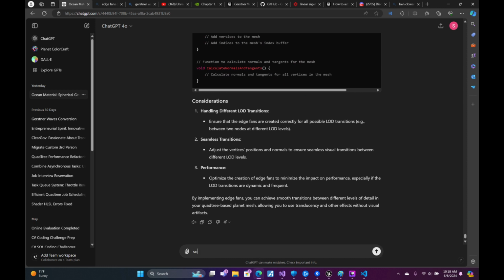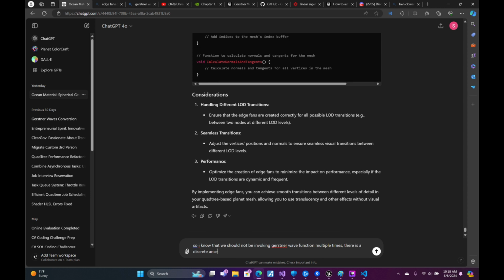So I know that we should not be invoking the wave function multiple times there in a discrete norms calculation that does not require offsets, and it should also yield better results.